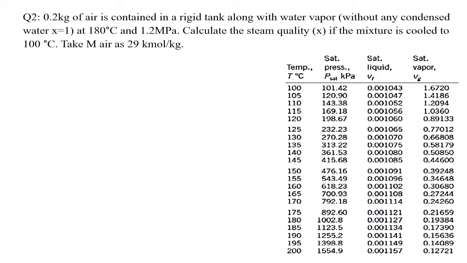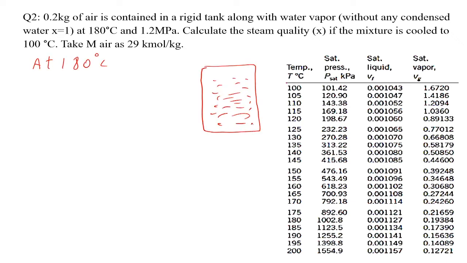So first we study at 180 degrees Celsius. The steam is in the red color and the air is in the blue color. So the mass of air is 0.2 kilogram. The most important values that we have to look for in the steam table, we choose first 180 degrees Celsius. We have to know the saturation pressure at this point. Also, we need to know the specific volumes for water and for gas.